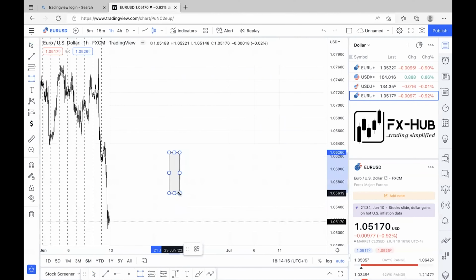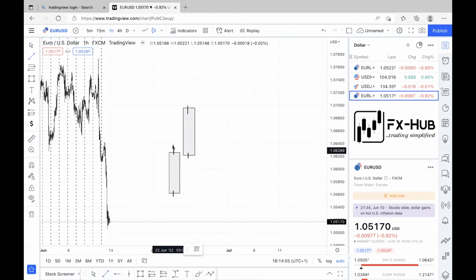Now, when you have the market do something like this, let me say this is a candle. This is the wick. And then you have another candle this way. This is the wick, and this is the wick.